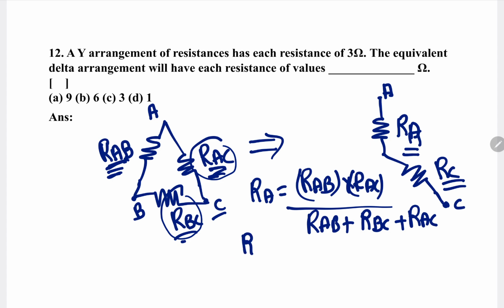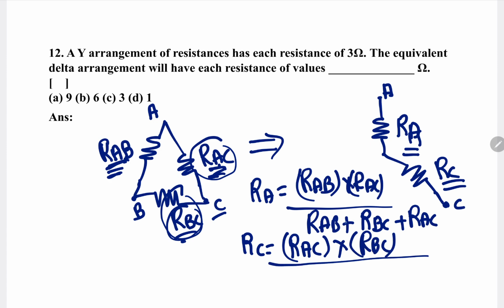Therefore, RC is equal to RAC into RBC, whole divided by, again the denominator remains the same in all the resistors, that I am calling sigma R, which means RAB plus RBC plus RAC. So these are the formulas when we transform a delta network into a star network.